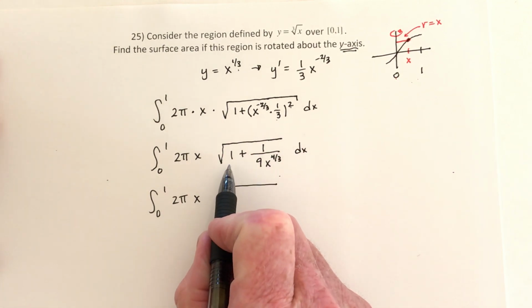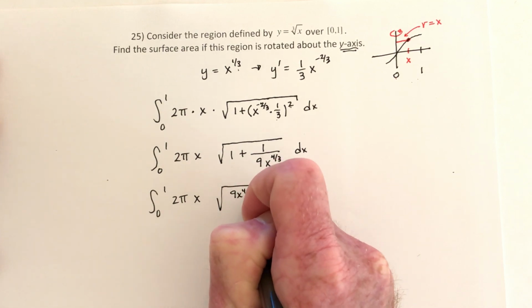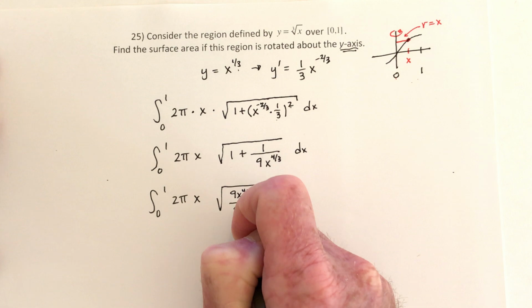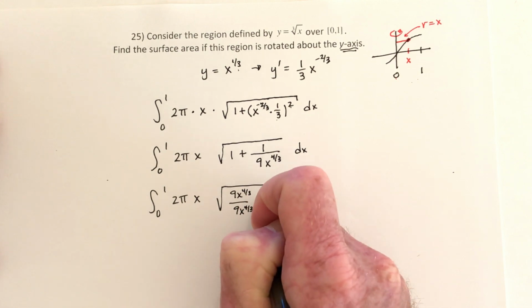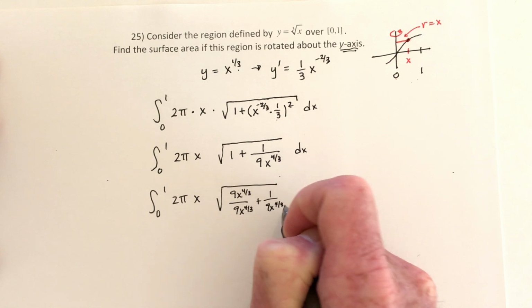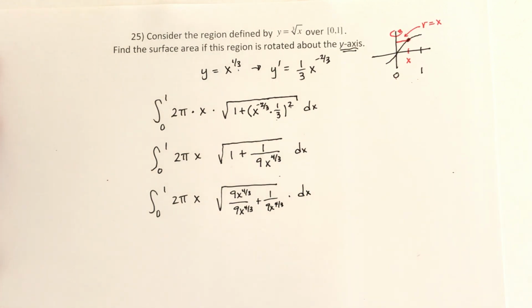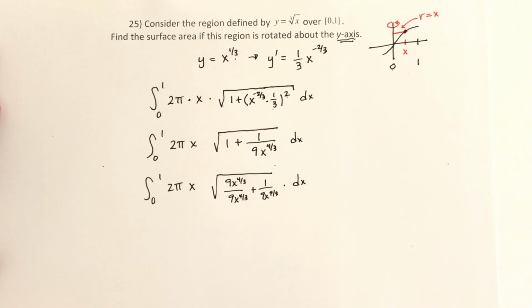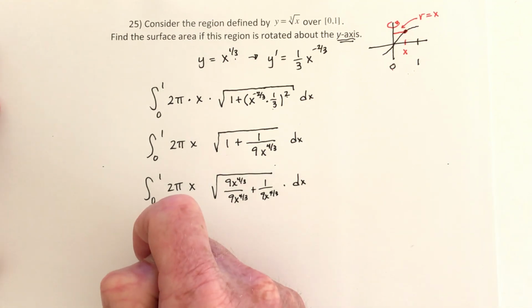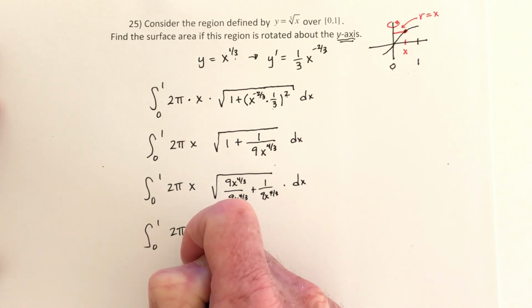So this 1, you could rewrite it as 9x to the 4/3 divided by 9x to the 4/3. And right now it looks like it's going to be a very long mess, but the algebra actually works out pretty nice. So just keep going. Persistence will pay off.